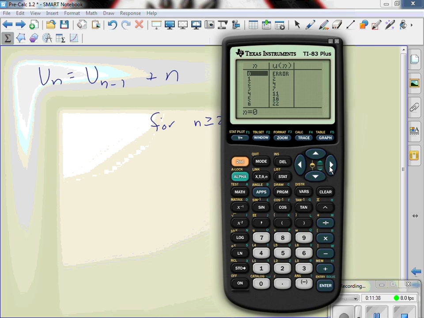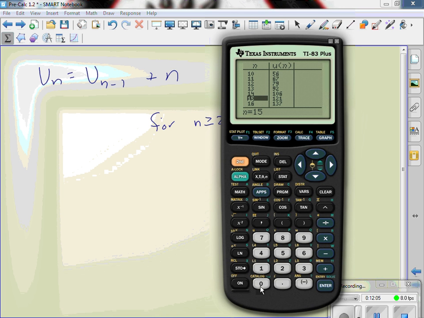Now, I can either scroll down and keep going until I see the 15th one. Now, if I asked, what's the 100th one? I don't want to keep scrolling all the way down. How do I automatically jump to something? I can't just type 100.